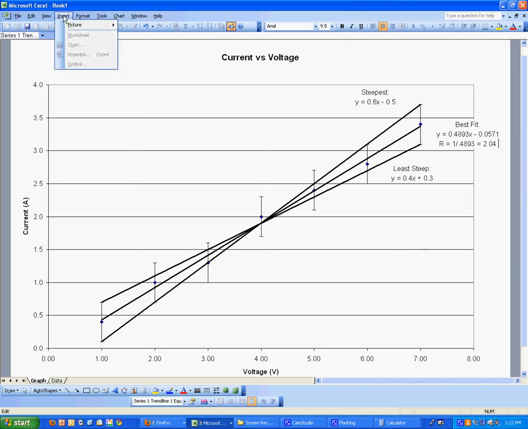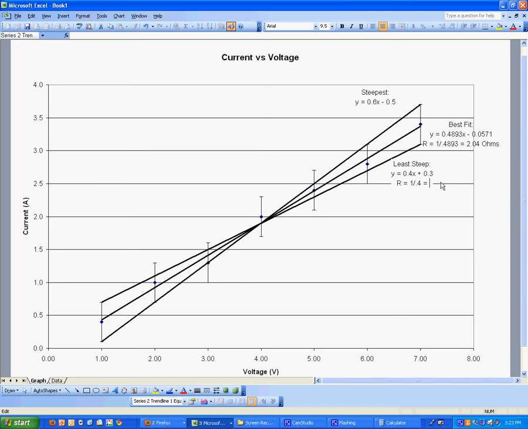Insert. Do we have that symbol? Let's see, format. No, we don't have the possibility of inserting a symbol. Okay, I'm just going to write ohms. 2.04 ohms, okay. The least steep one, R, is equal to, and this will be the maximum resistance, 1 divided by 0.4, which is equal to, what would that be?